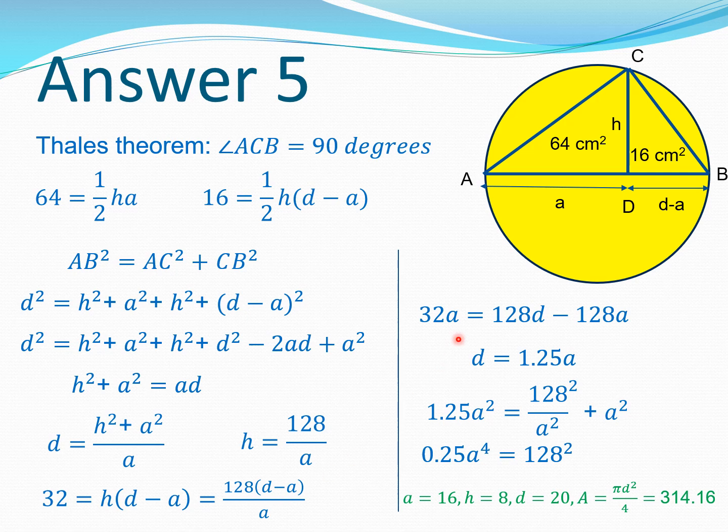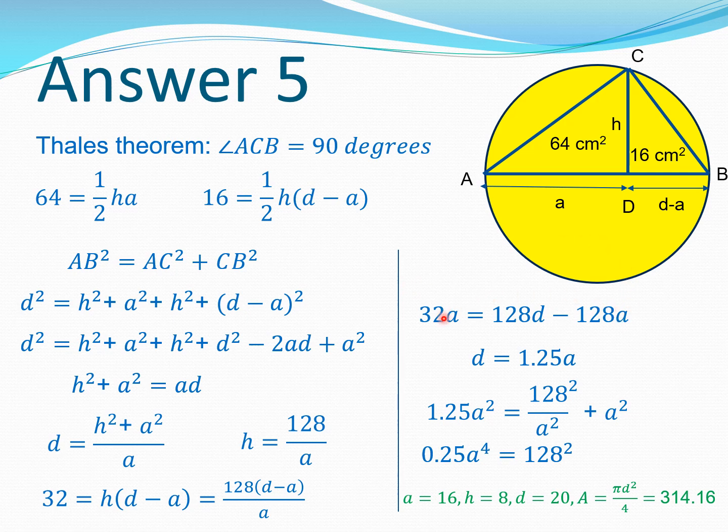Now let me write this equation out again. This equation will become 32 into A is equal to 128 (D minus A). So I've expanded that out. I've got 128 D minus 128 A, and on this side I've got 32 into A. So this equation is relatively easy to solve.